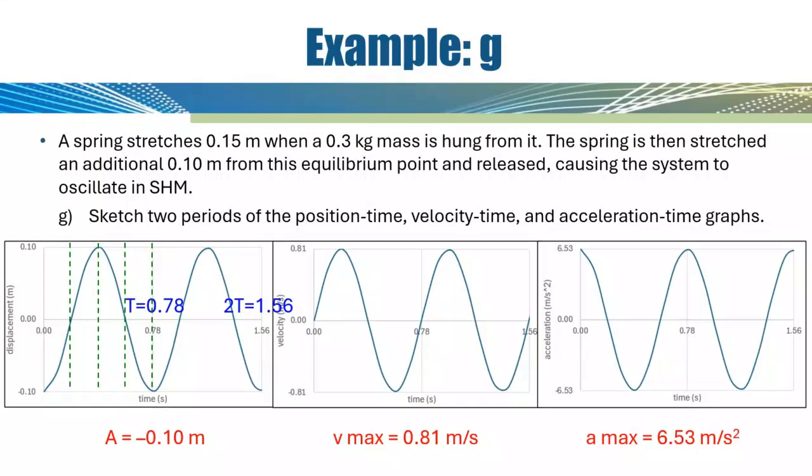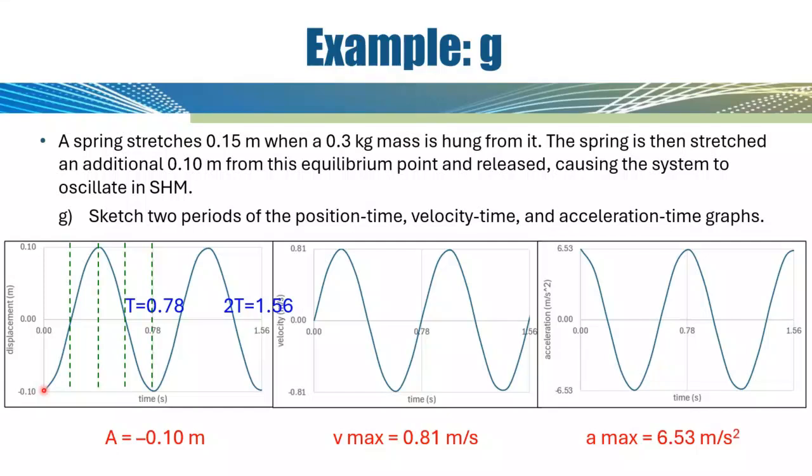So these are the answers, but let's talk through how you would answer this question. I think it's always easiest to start with the position or displacement time graph. So let's look at that. So we know that we started the system in oscillation by pulling it down negative 0.1 meters. So I'm down here at an end point.